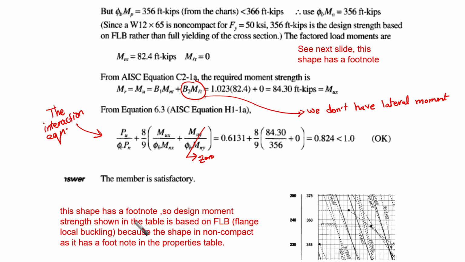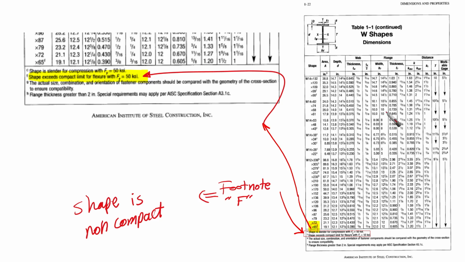let us check here. This is the dimension and properties table. You're going to find here for this cross section that we're talking about, W12 by 65, that there is a footnote here, F. This footnote, F, for the cross section says that the shape is non-compact.